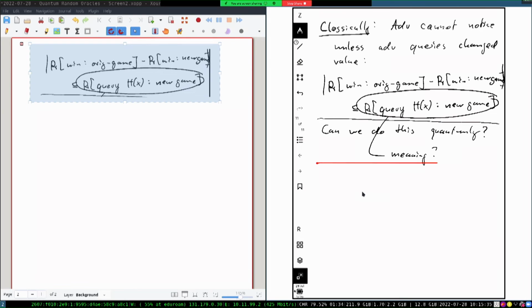So what will I be analyzing? I define an encryption scheme, and to encrypt a message M, I pick some random R and I compute f of R, where f is a one-way permutation.